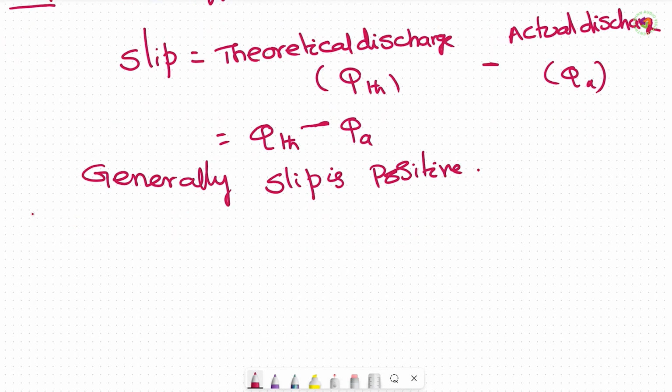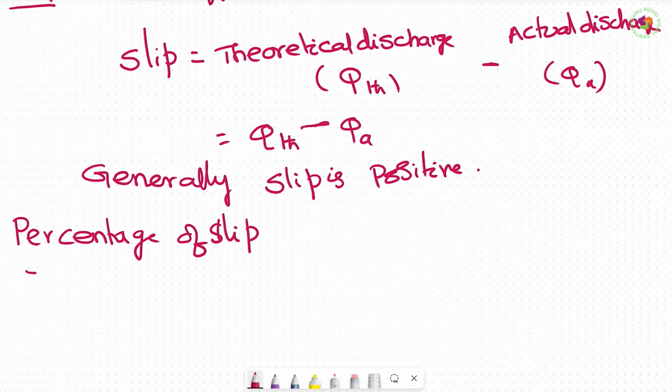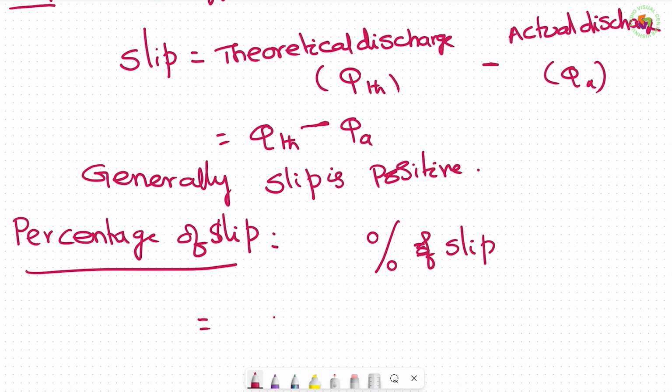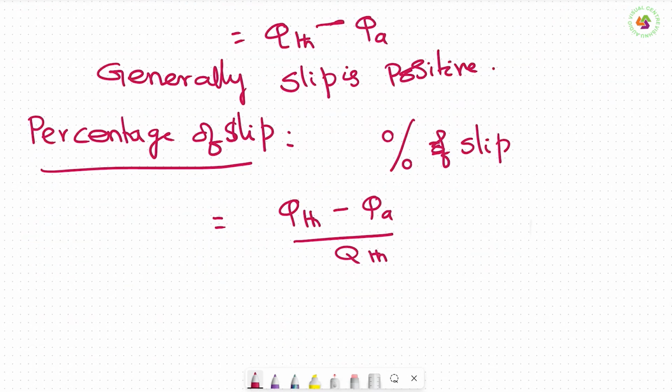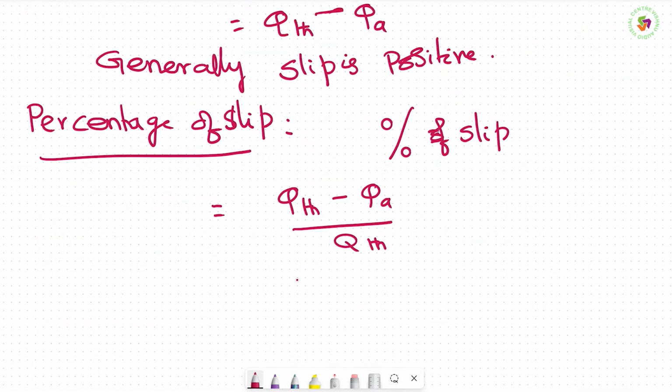And one more important thing is percentage of slip. This is often used in centrifugal pumps. Percentage of slip is equal to slip, that is, Q theoretical minus Q actual divided by Q theoretical, into, of course, 100.